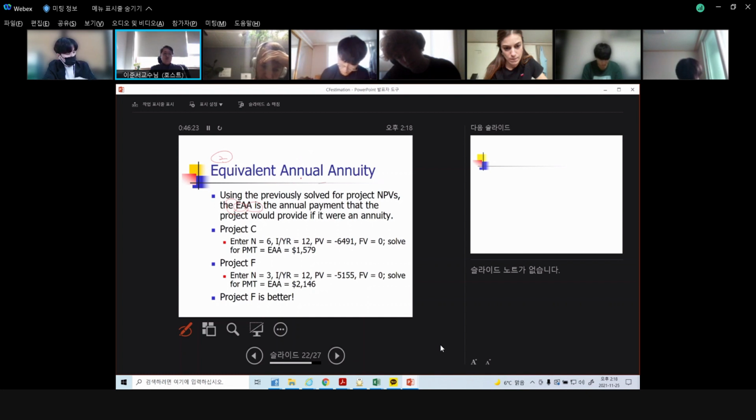So we assume that we receive the annuity. And the basic concept of annuity is what? We can receive the identical, same amount on each year. That's the annuity, right? Same identical amount, right?